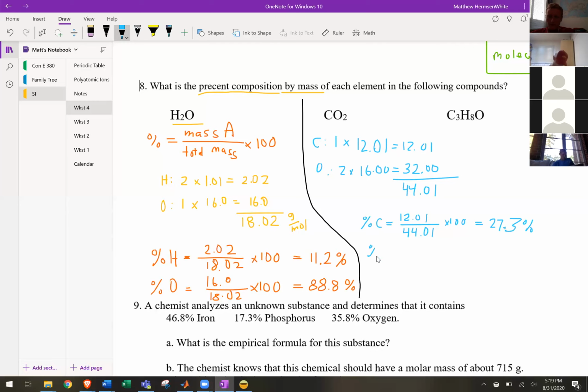And then percent oxygen is 32 divided by 44.01 times 100. And that comes out to be, if we did it right, the remainder of 100%, 72.7%.